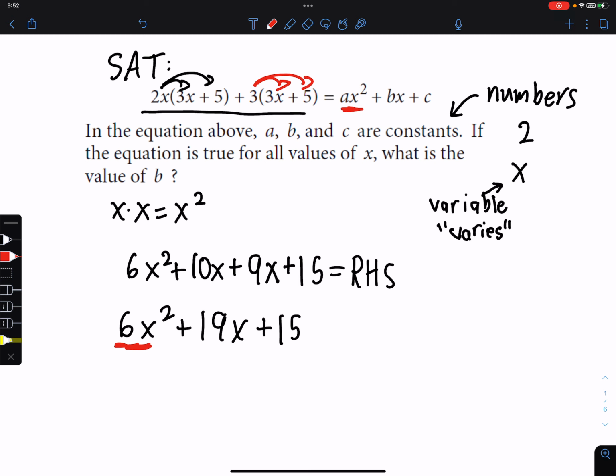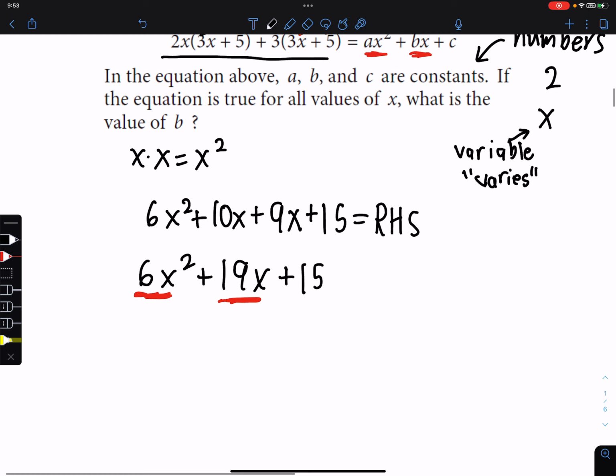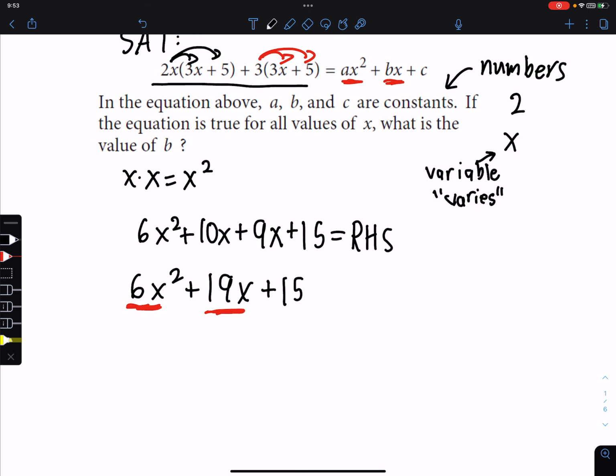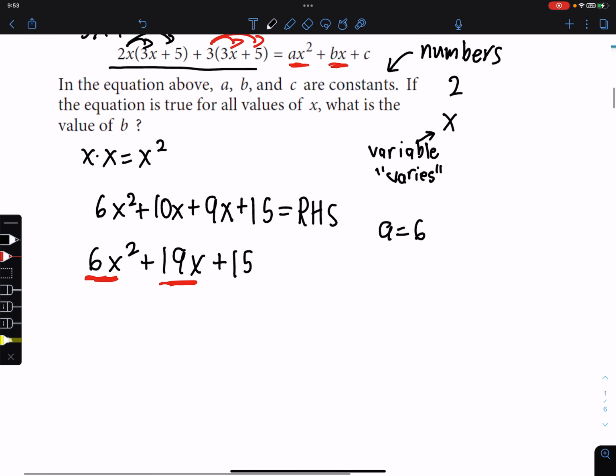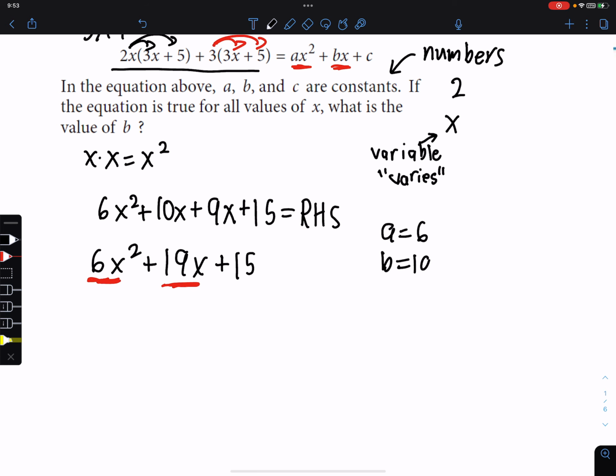On the left side, we have 19x, and we have bx. So just look at the coefficients in front of the x, right? So in this case, what is a? The number in front of x squared. Our number in front of x squared is 6. So that's how we get a equals 6. B is the number in front of x, whereas 19 is the number in front of x. So therefore, b equals 19.